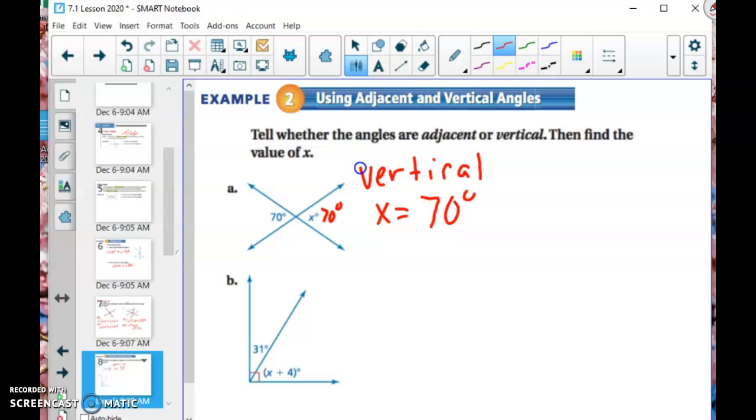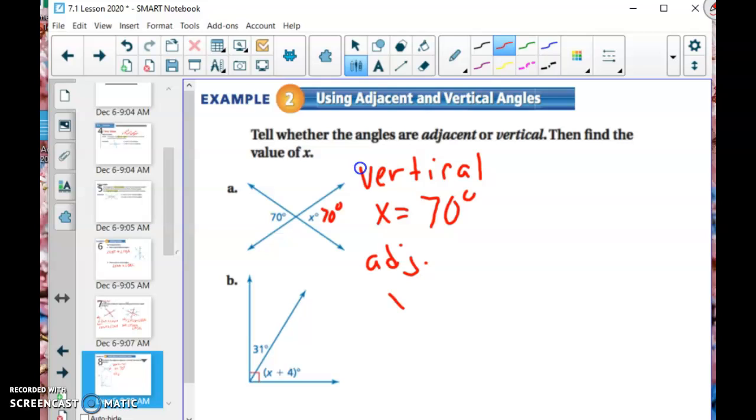Now B is a little bit trickier. Now these two angles that we're talking about are right next to each other and share a common side, so that makes them adjacent. But when they're adjacent, that doesn't necessarily give me any clues to figure out what the value of x is. But I notice that they give me another clue down here. This little red corner here, that means that those two angles added together has to equal 90 degrees.